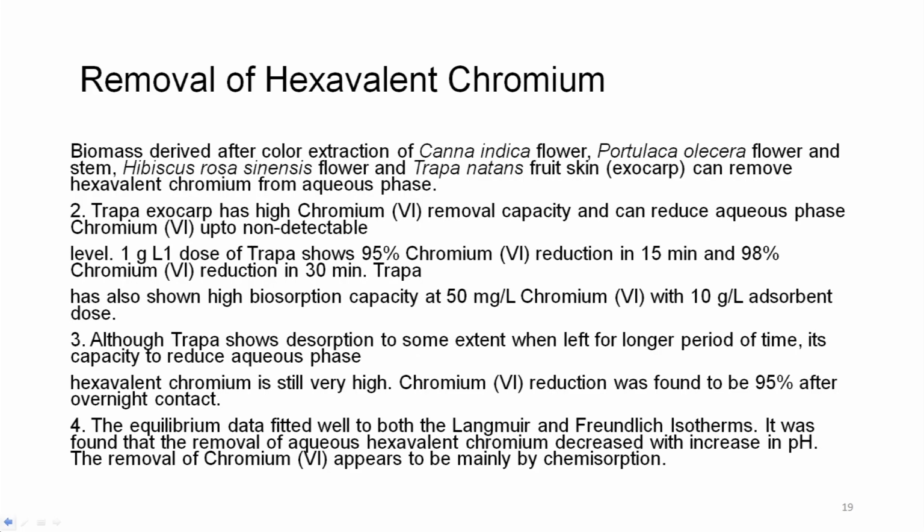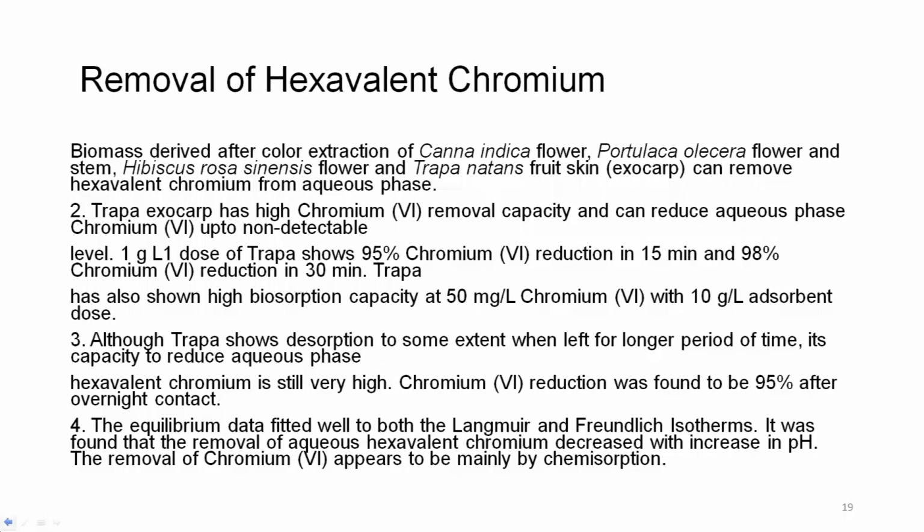So, here is our own work where, after the natural dye extraction, the plant material that was left behind, that is the flowers of Canna indica, flowers of Portulaca, flowers of hibiscus and the exocarp of Trappa natans fruit, were all dried and made into powder, and then the powder was used for the removal of chrom 6.